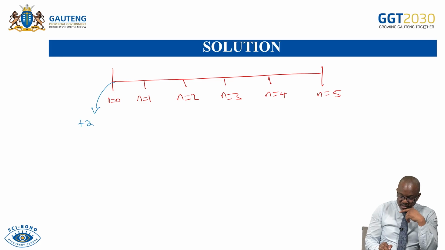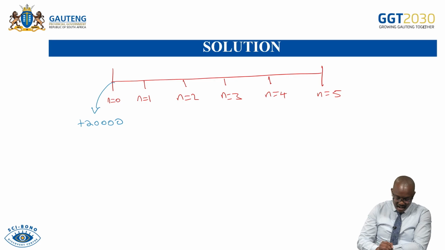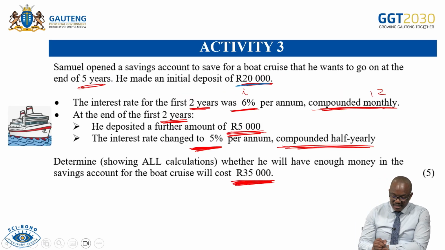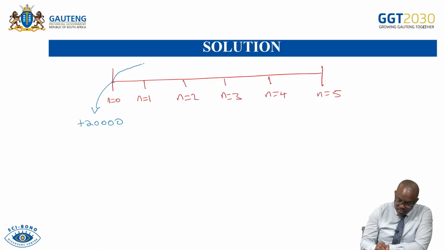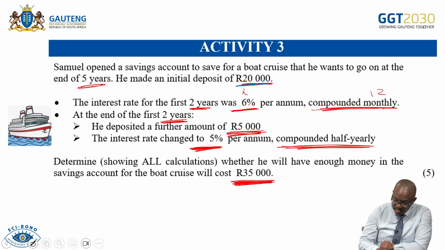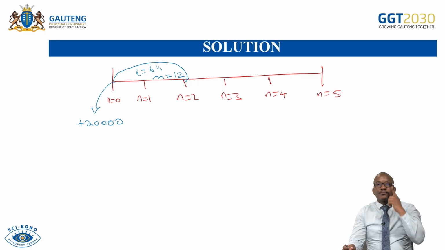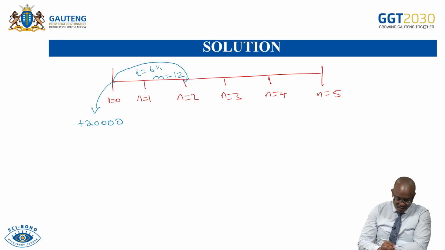So it means 20,000 now was deposited into that account. Then now they are saying the interest rate for the first 2 years. It means from year 1 to year 2, we have our interest of 6%, and then it's charged compounded monthly. So our different period there is going to be 12. I hope it makes sense, that one.